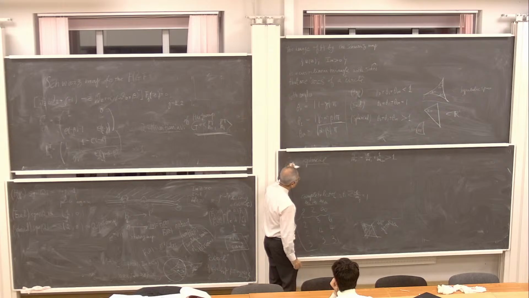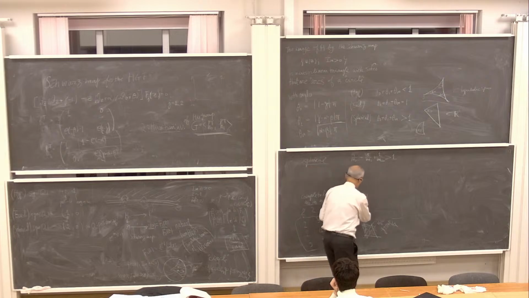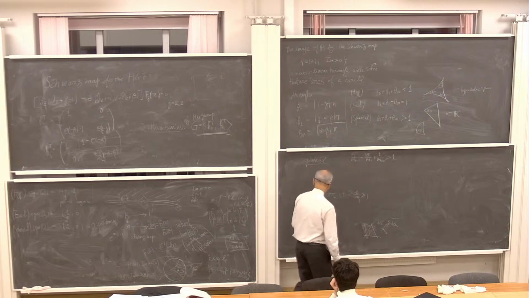Which kind of choices do we have? So this spherical case also, we have a complete list.